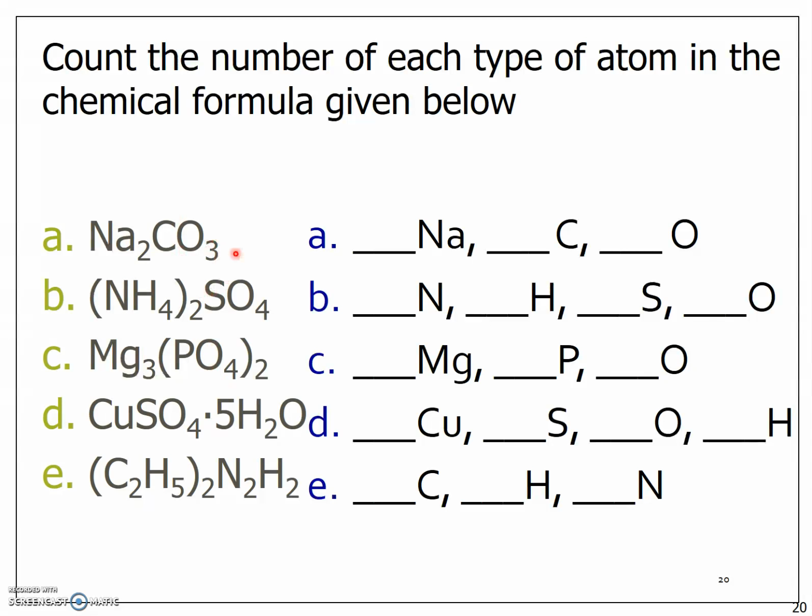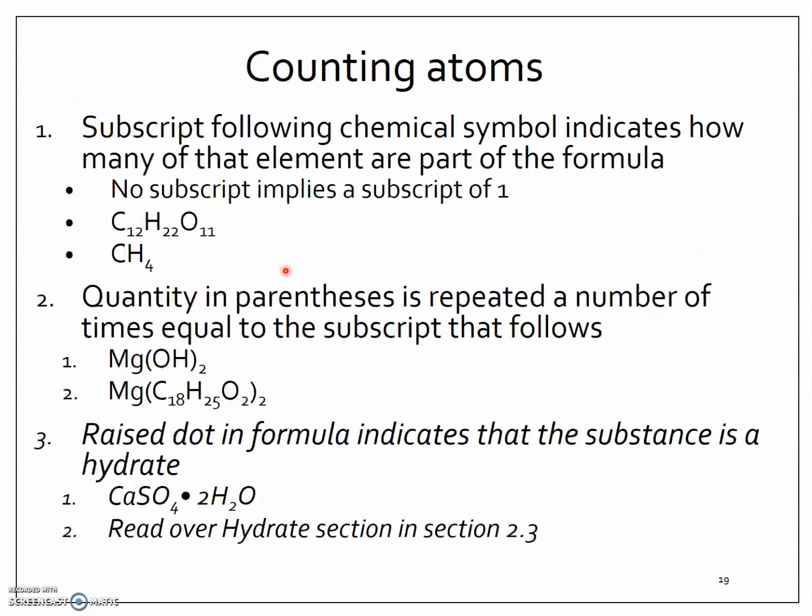How many carbons and how many oxygens? This subscript indicates there are 2 sodiums. There is not a subscript for carbon, so it is 1. And then there is a subscript under oxygen. Notice there's no parentheses, so this 3 belongs just to the oxygen.